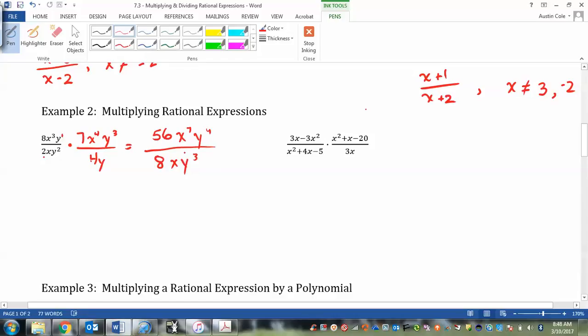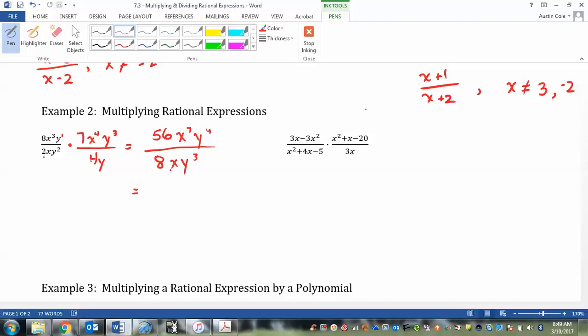Okay, now I can go ahead and look to simplify. First of all, I need to look in my denominator now. What values of x and y can't it be? What value of x would make the denominator 0?